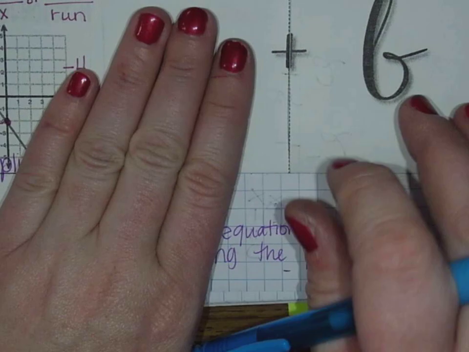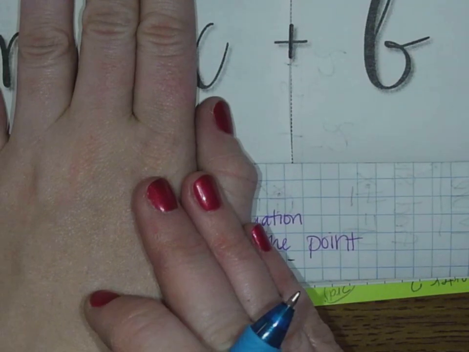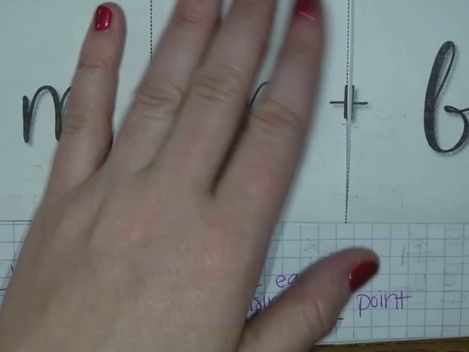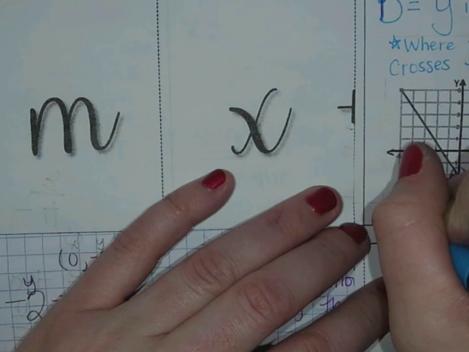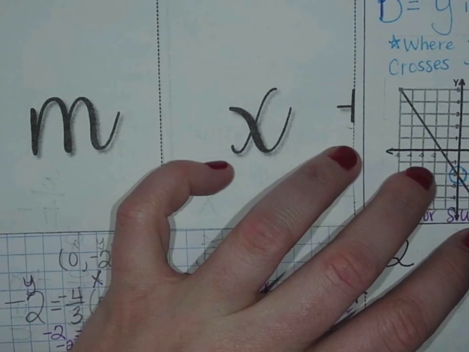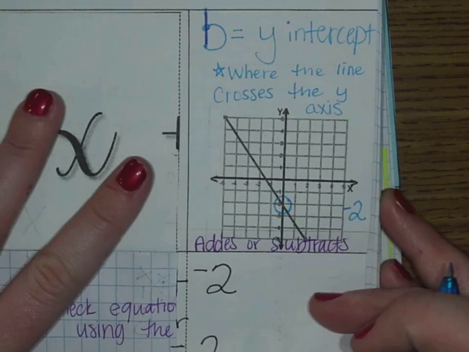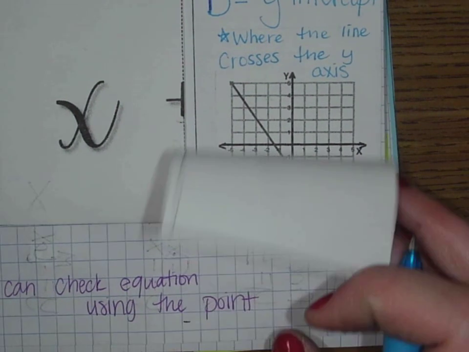The b, notice that's the part that's adding on. So if I didn't have an mx part, it would just be the b. So adds or subtracts. Oh, you couldn't see it. Adds or subtracts.